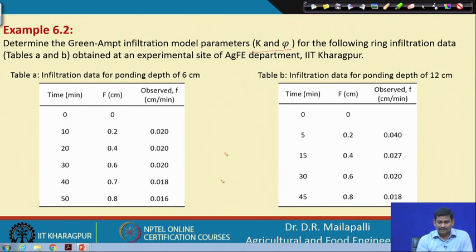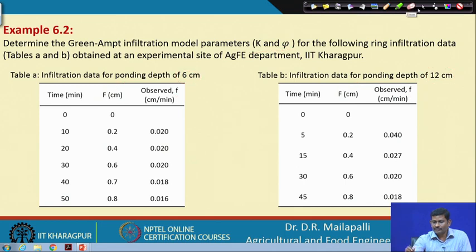The tricky part is that you have to do the experiment two times: ring infiltrometer with 6 centimeter ponding depth and with 12 centimeter ponding depth. For each you have the time, cumulative and infiltration rate. So you need these two data sets.